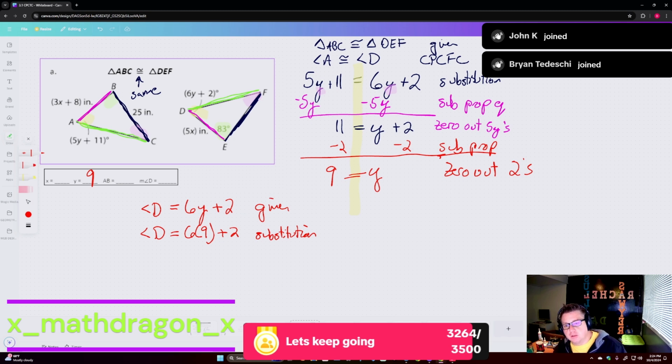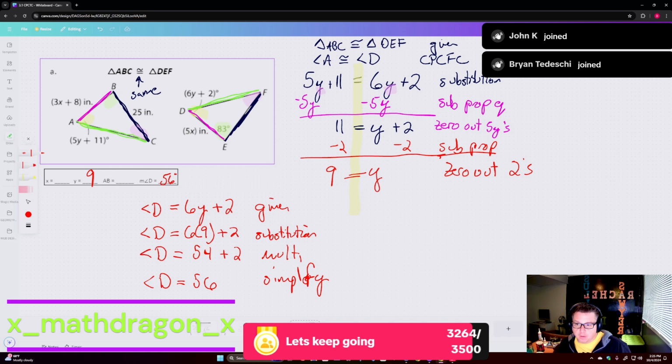If the picture tells you, that's considered given information. So we have 54 plus 2, so that's multiply. And then angle D equals 56. And we can just put simplify. Or you could do add if you like that better. So that means that this is 56 degrees.